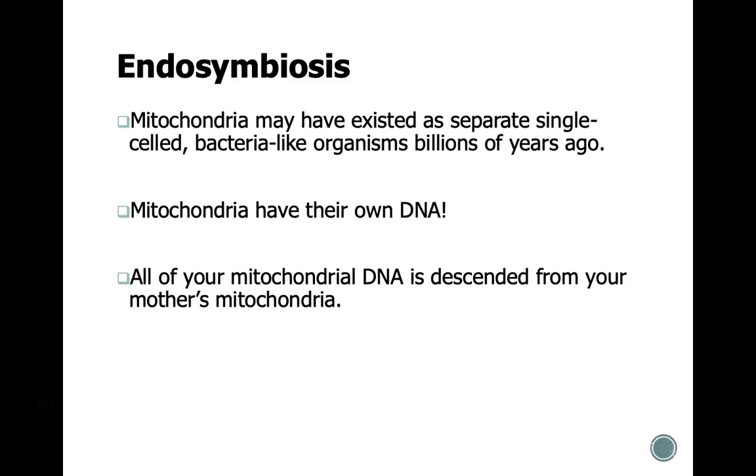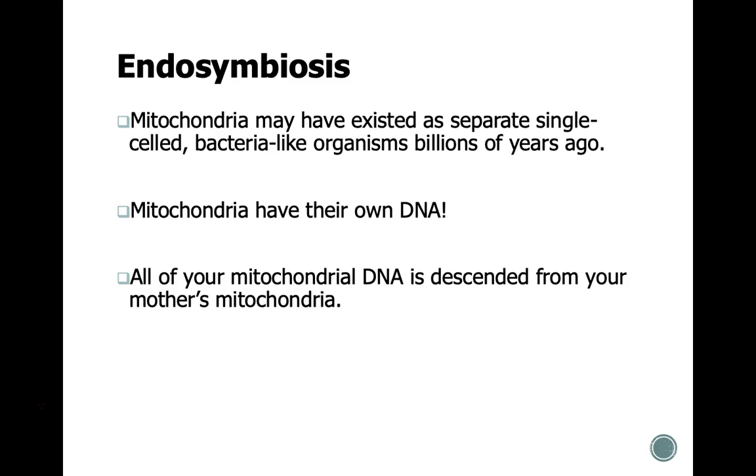An interesting fact about the mitochondria is that sperm don't have mitochondria. And so any mitochondria that you get in cell division is going to come from your mother. So mitochondrial DNA can actually be used to track lineage through a female.